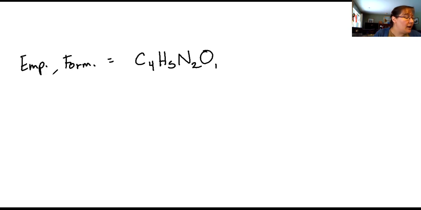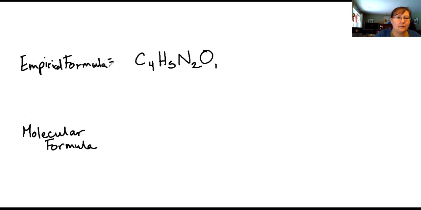Okay, so in order to determine a molecular formula from an empirical formula, you need a molar mass. So maybe the next thing that they do is they give you that for the molecular formula, and I'll go ahead and change this, empirical formula.